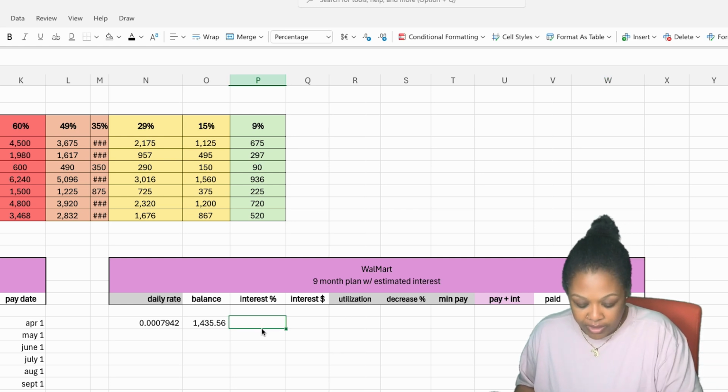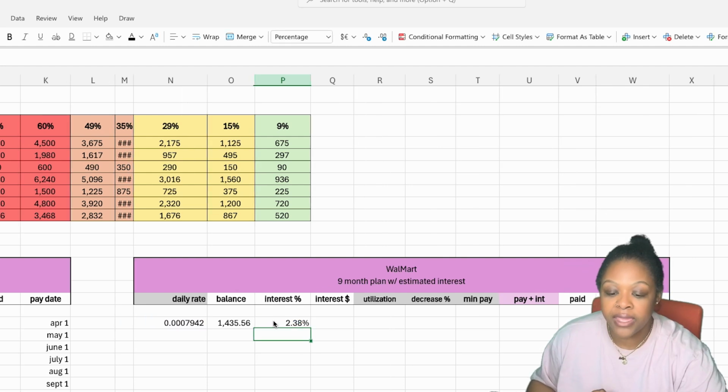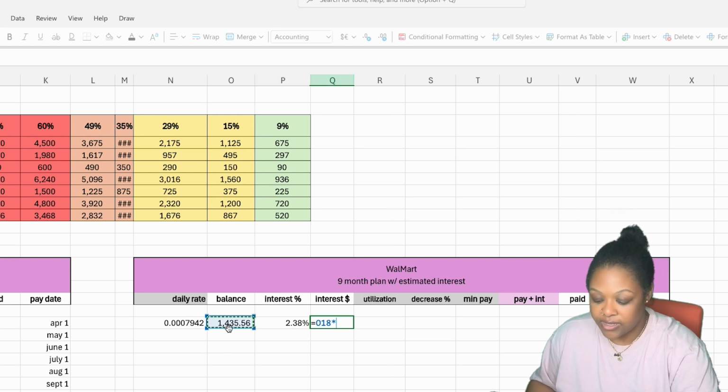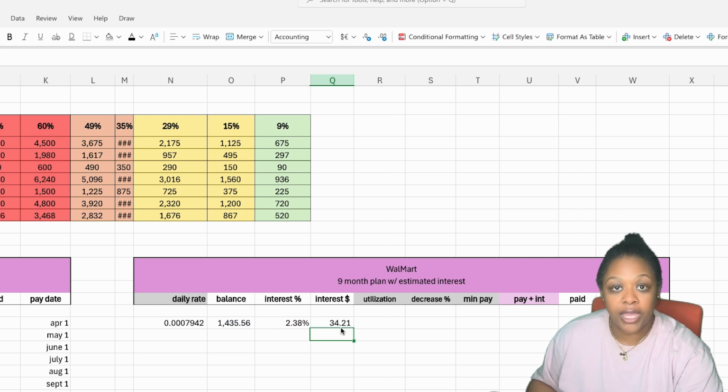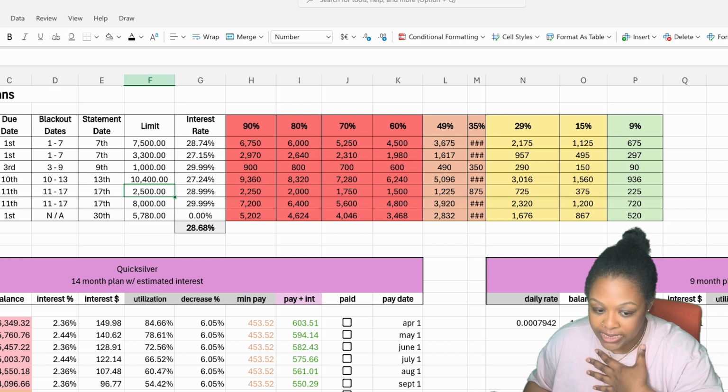So we're going to do our interest rate equals the daily rate times the number of days in that month. That's giving me 2.38%. And in dollars, that is our balance times the percentage here, and that's $34.21. It's much lower with this because my balance is much lower.